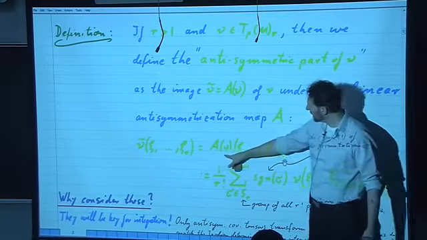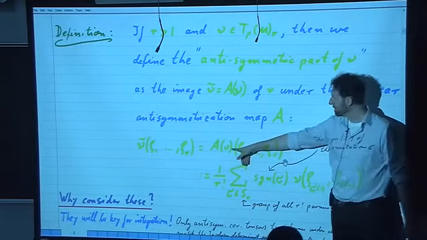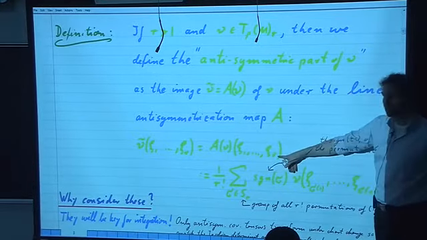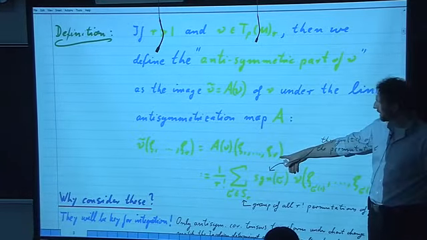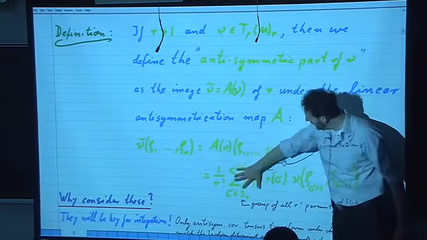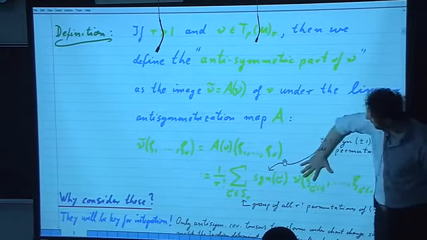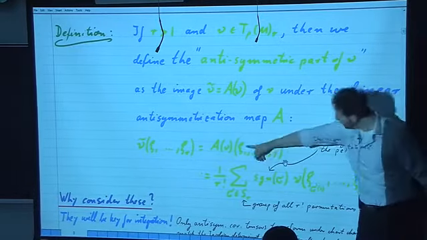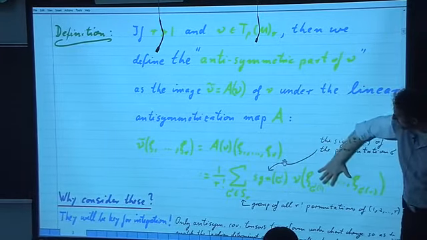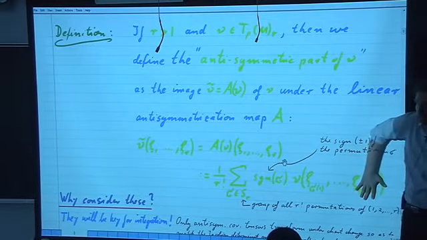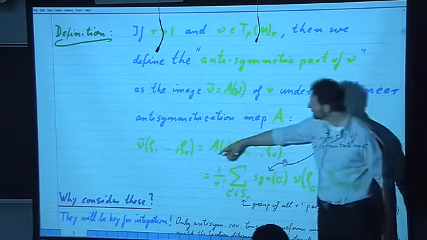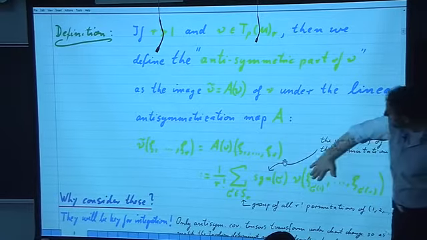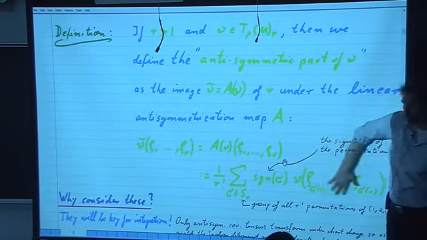The antisymmetrized version of nu, when fed r tangent vectors, is obtained by taking the sum over r factorial copies of nu, where each copy has a different permutation of the arguments. So we feed the r tangent vectors in all possible permutations as arguments into nu.